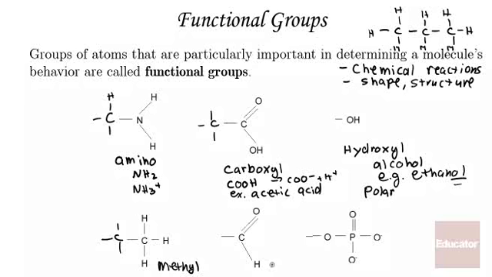Here we have what's called a carbonyl group. And there's two subsets of how we name molecules containing these groups, depending on where this group is within the larger molecule.